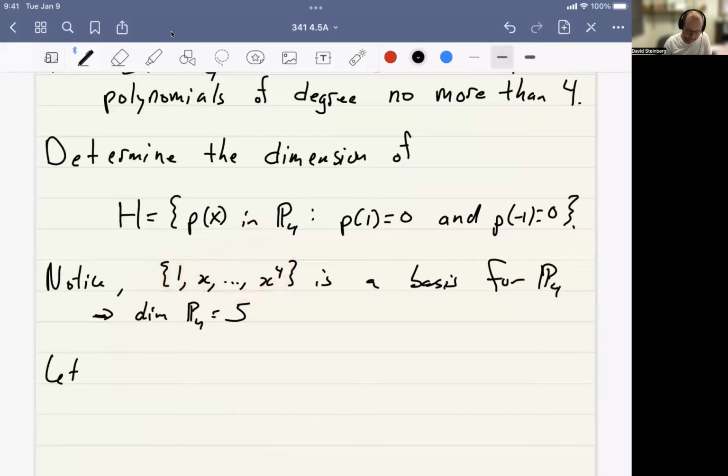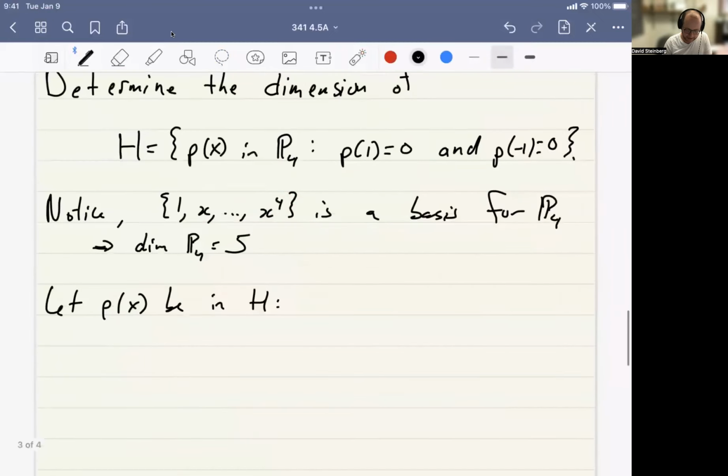So let's let p of x be in H. We know that, by definition, p of x looks like a0 plus a1x plus a2x squared plus a3x cubed plus finally a4x to the 4.